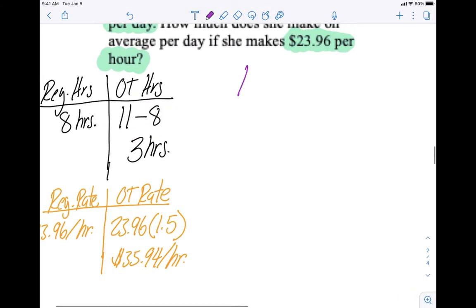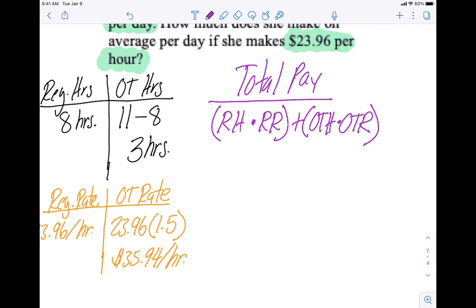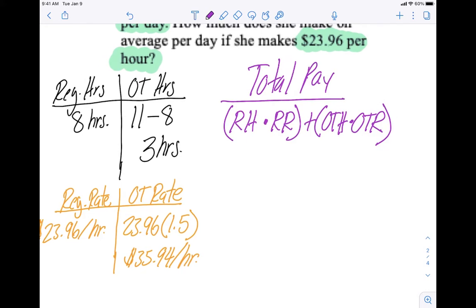So total pay is regular hours times regular rate plus overtime hours times overtime rate. Just like this. So all we got to do is plug everything in. So regular hours is 8. So 8 times regular rate.